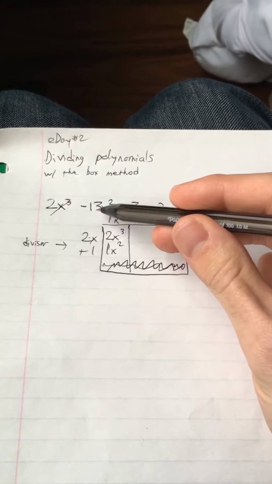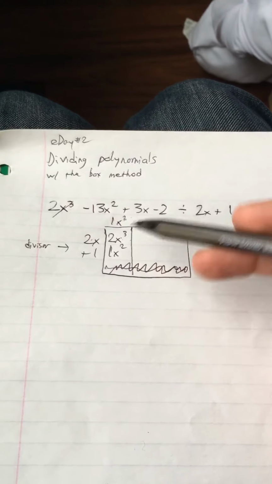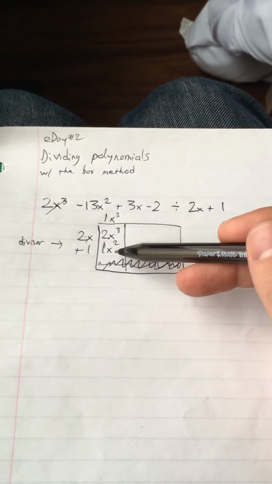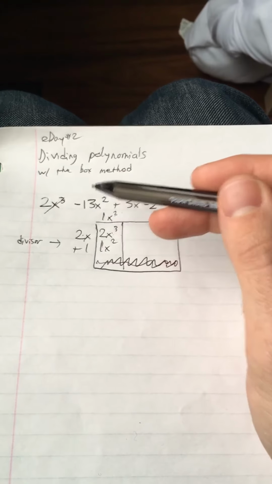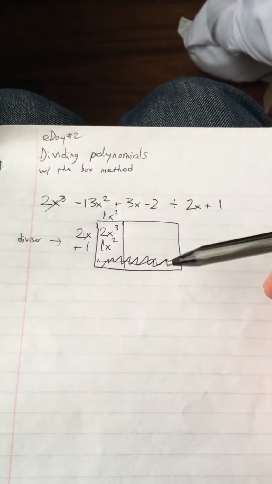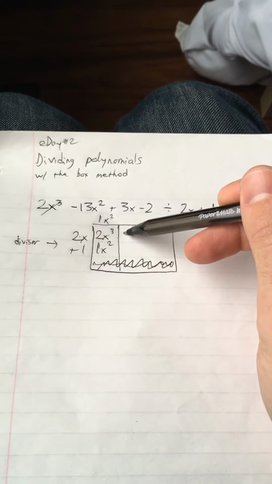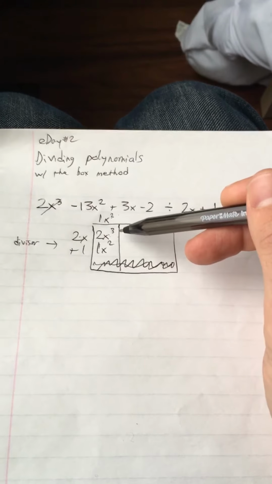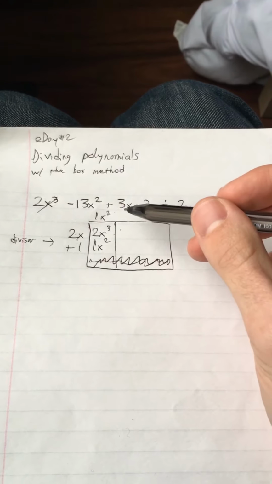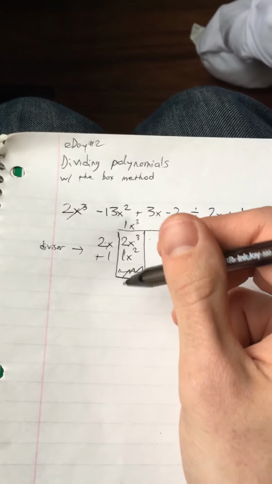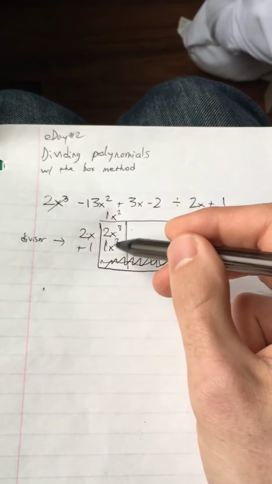Now I need negative 13x squared. Well, I've got 1x squared right here. To get to negative 13, I can either think in my head what needs to go here, because we combine our terms in the box diagonally, or, if that's hard to do in your head, what we talked about was making an equation out of that. I'm at 1.